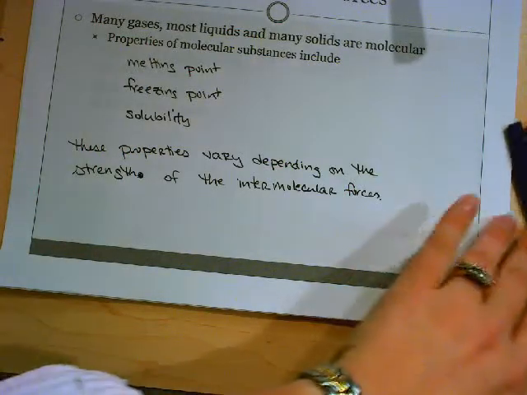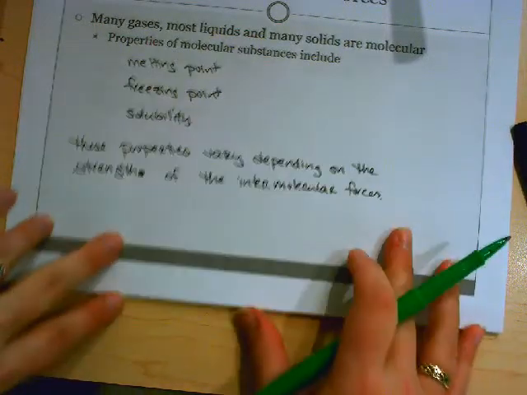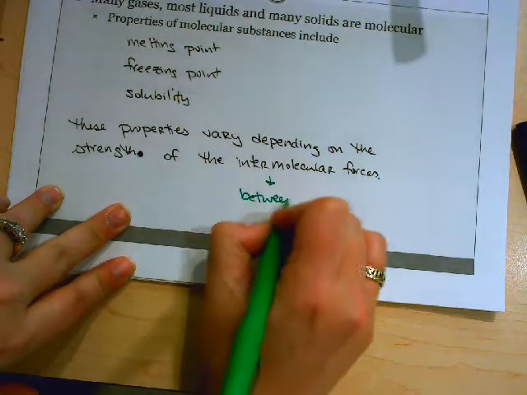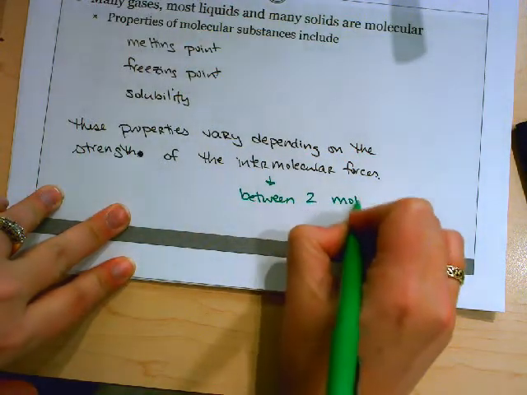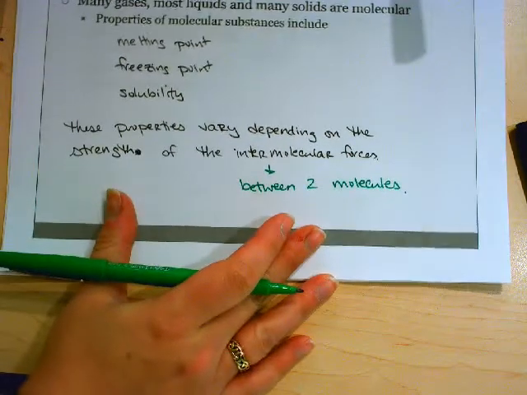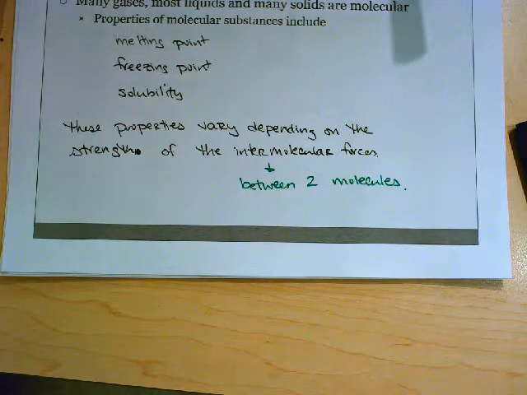Intermolecular meaning between two molecules. It's not within one molecule, it's two molecules interacting together in some way.